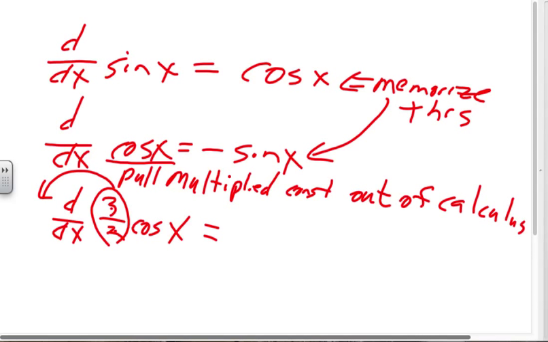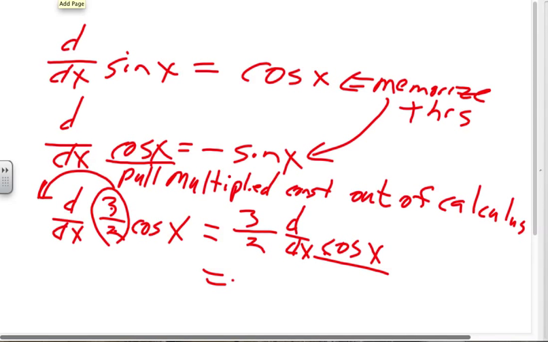Which means I want to pull this in front of my d/dx. So now it just becomes 3/2 times the derivative with respect to x of cosine of x. Well, this ought to be easy. The derivative of cosine x is negative sine x, and then you multiply that by 3/2. So it's going to be negative 3/2 sine of x. And that's how you do the derivative of these things.